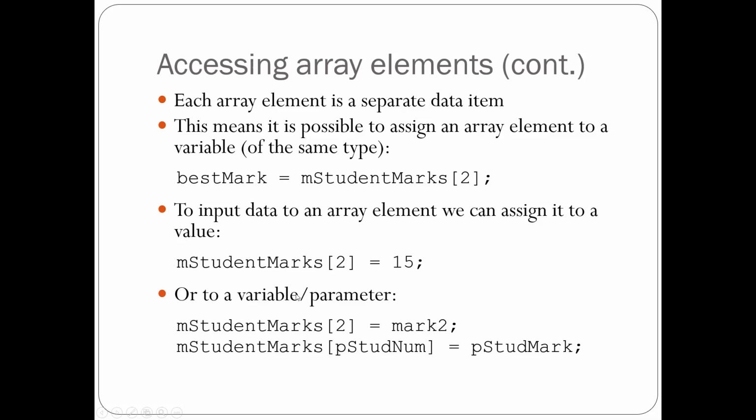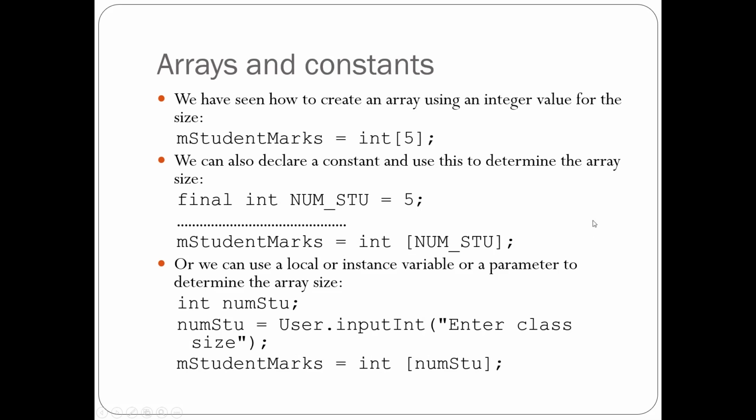We could set array index 2, it's not the second one, it's the third one, put the value of 15 in that position. We could assign the value of a variable into an array, or we can assign a variable into an array using a variable as the index.